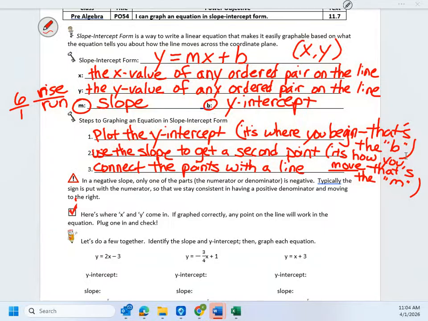So here's where X and Y come in. If graphed correctly, any point on the line will work in the equation. We're going to plug one in and check. So I'm going to erase this and scroll up so we can practice using this.